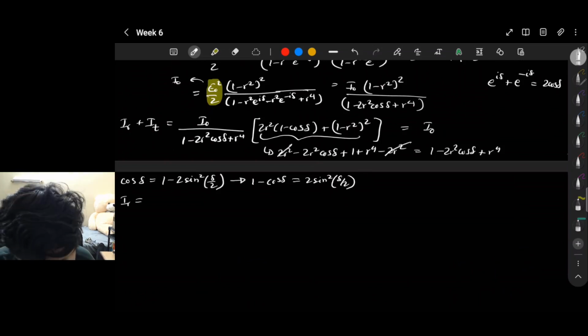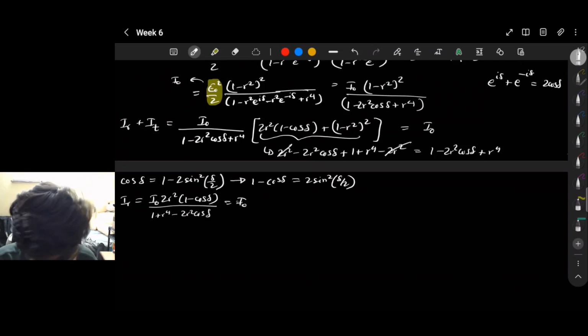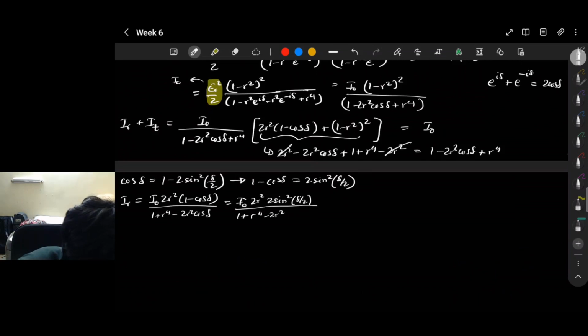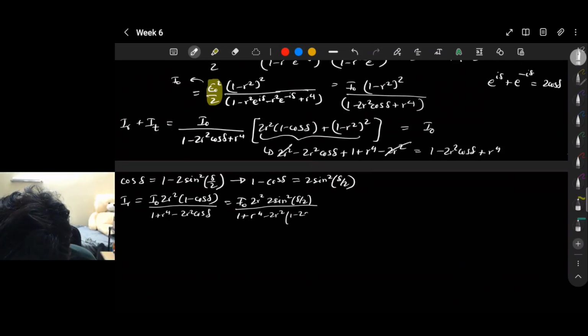So IR, okay, now we will use this identity. And now we will simplify it.